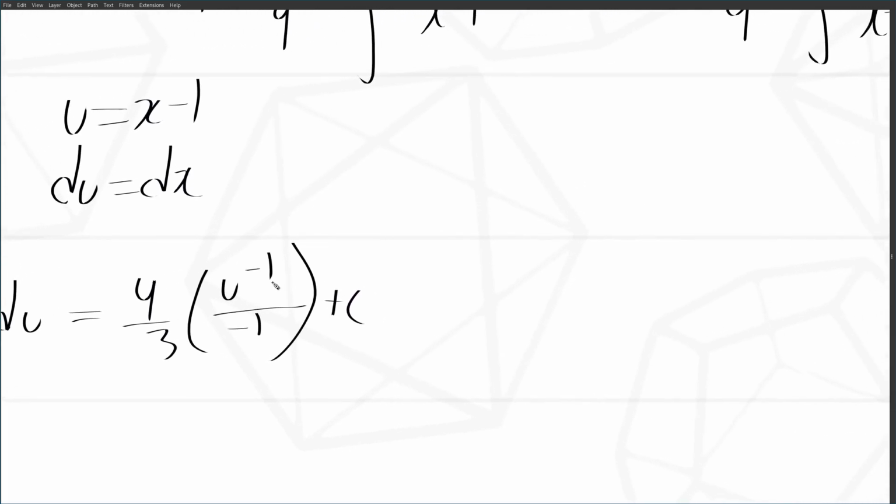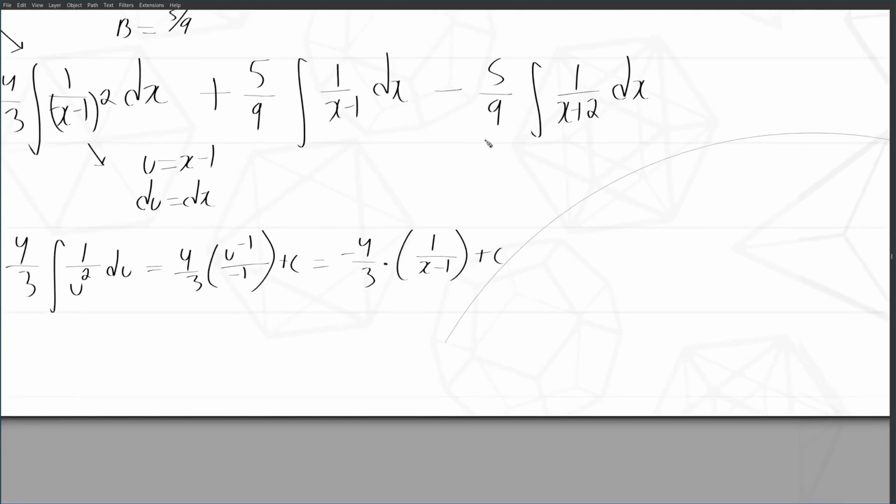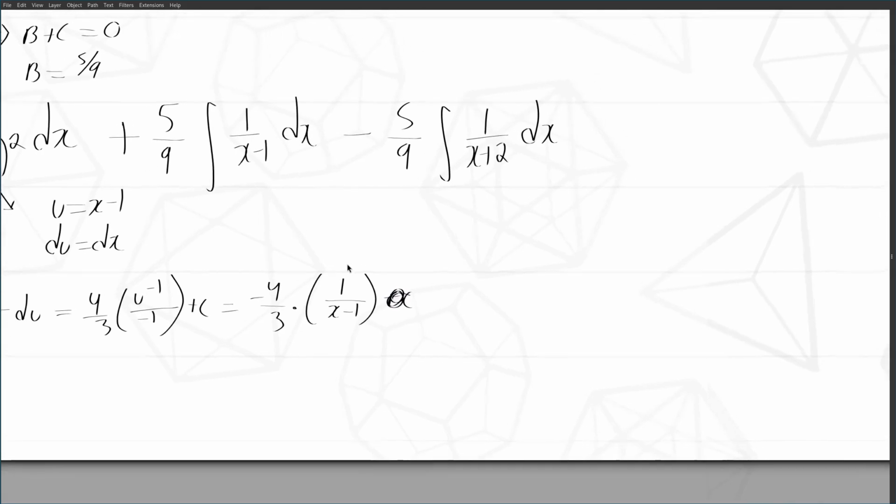And substituting in u, I'm going to bring this negative to the front. Negative 4/3 times 1 over x minus 1 is the first guy. And then we can just tack on these next ones. So since I'm going to add them anyway, I'm going to leave the c for later.